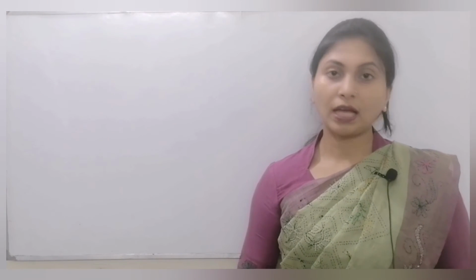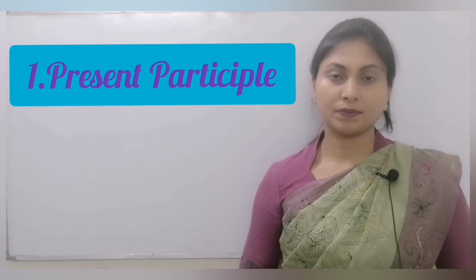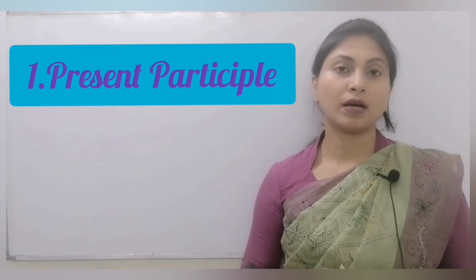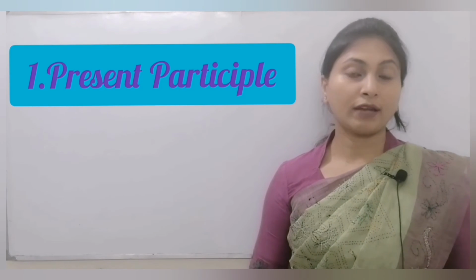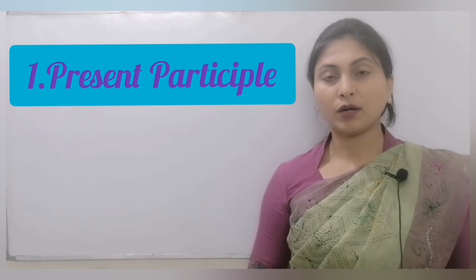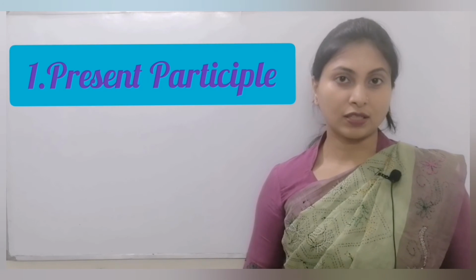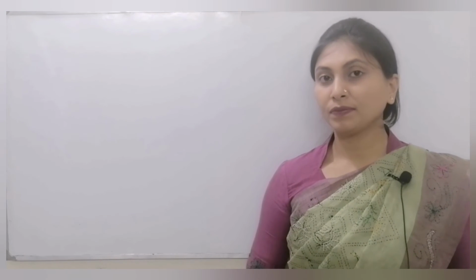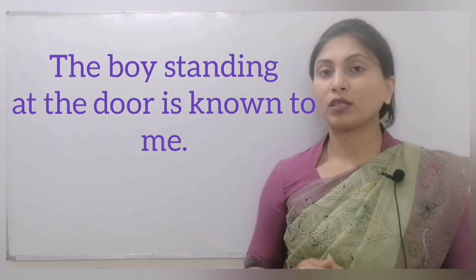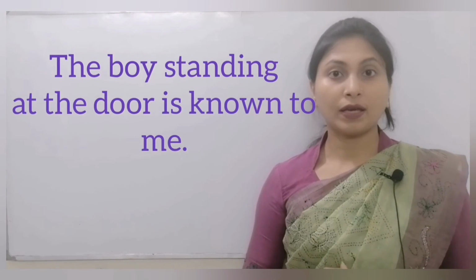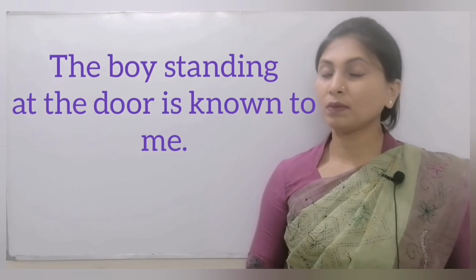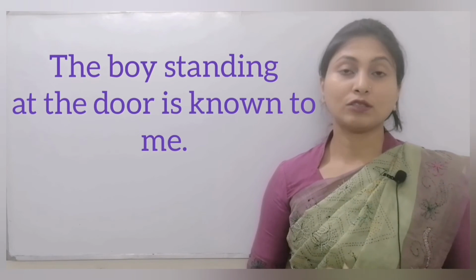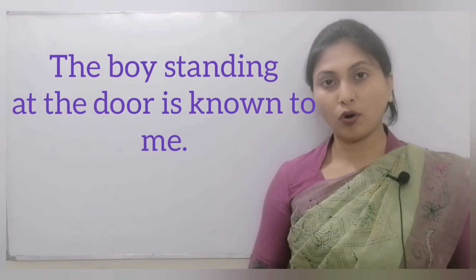Number 1, present participle: verb plus ing form, which can be used as a verb or an adjective. For example, the boy standing at the door is known to me. Here, "standing at the door" is a present participle phrase modifying the noun "the boy."